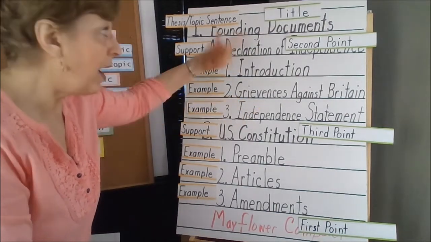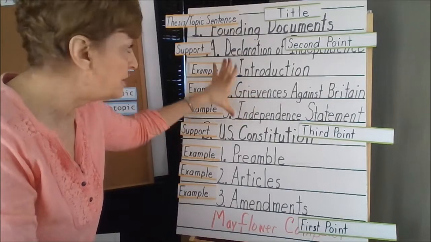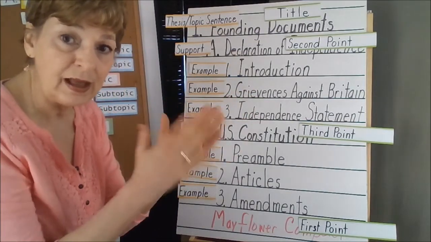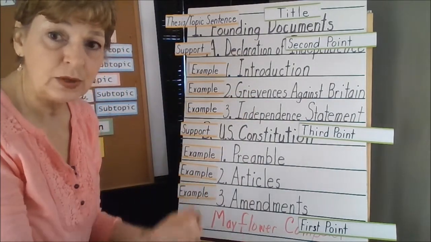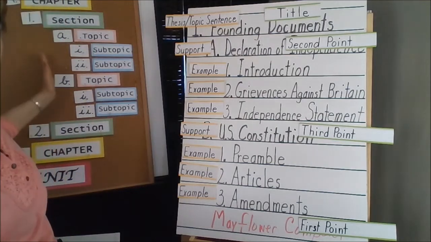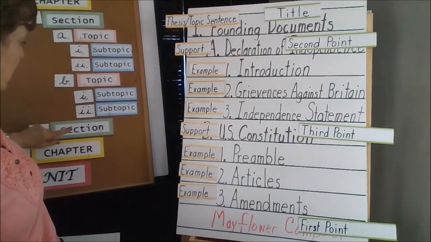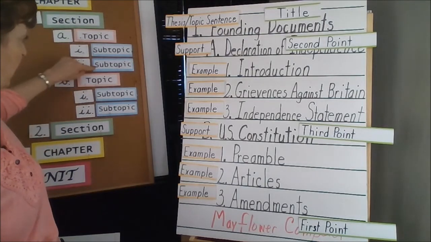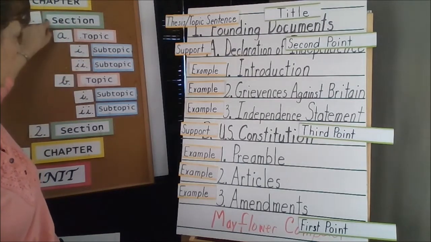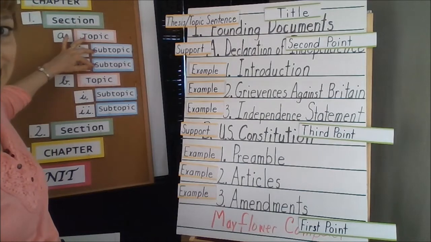The grievances were part of the Declaration. Oh, well, I can't use those. Those aren't parallel points. Those are not of equal importance, like our outline had, that the sections were of equal importance, but the blues were not the same importance as the greens. The blues were the same importance as the blues.